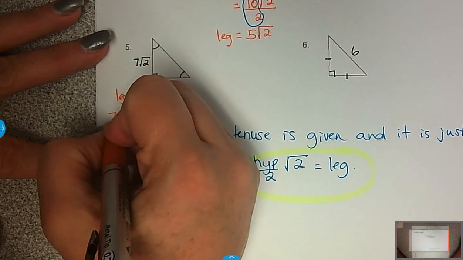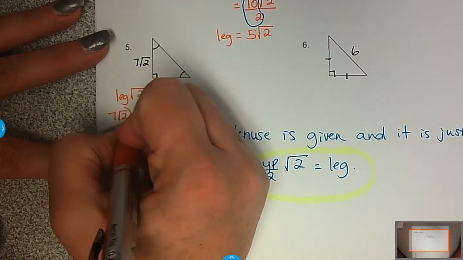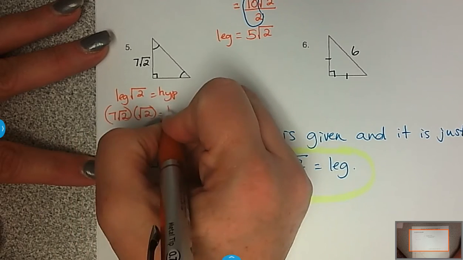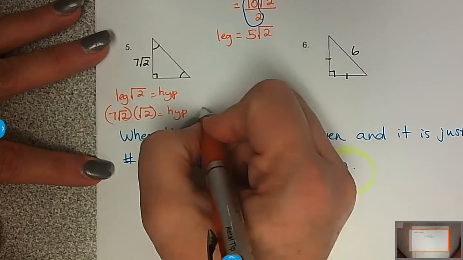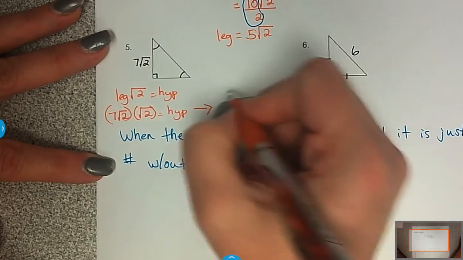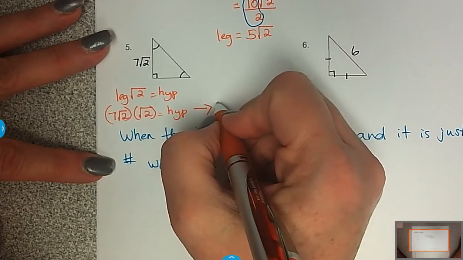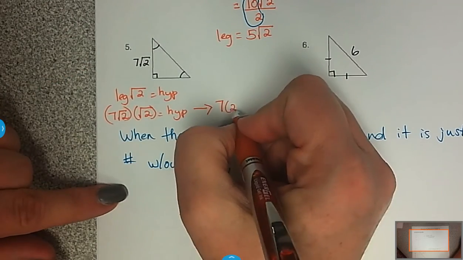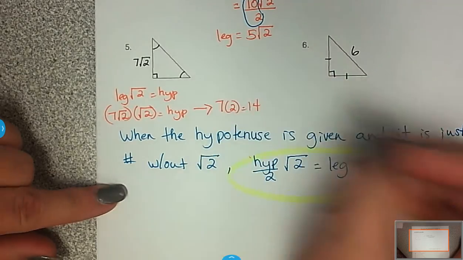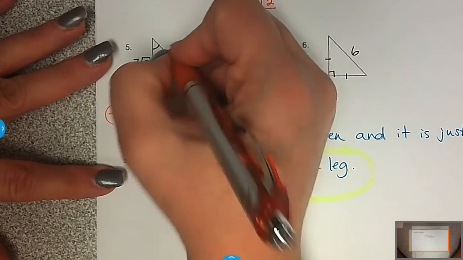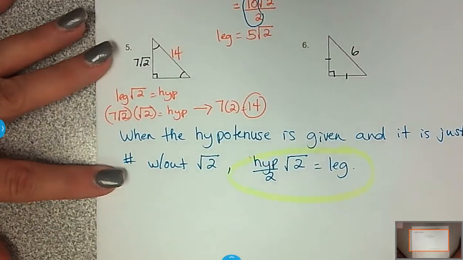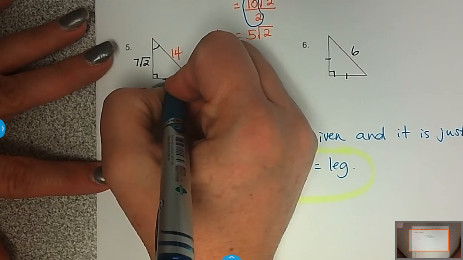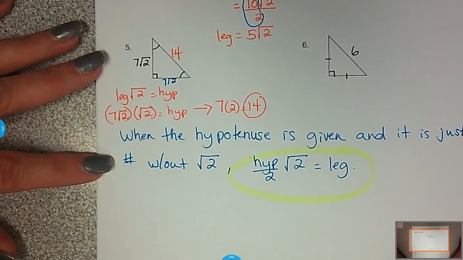So if the leg is 7 square root of 2, and I multiply that by the square root of 2, then what I end up with is 7 square root of 4, which will be 7 times 2, gives me 14 for my hypotenuse. And then I know automatically that the other leg is 7 square root of 2.